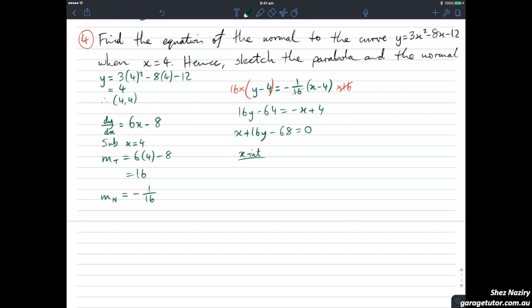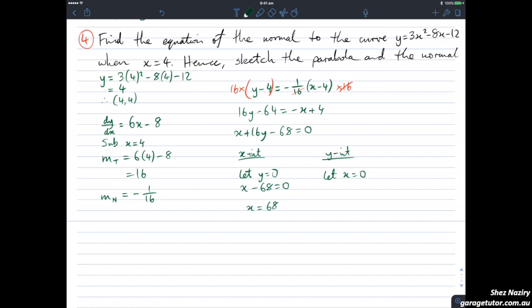So x-intercept, guys. What do I do to find the x-intercept? Let y equal 0. That's correct. So we get x plus 0 minus 68, so x is equal to 68. What about the y-intercept? Let x equal 0.